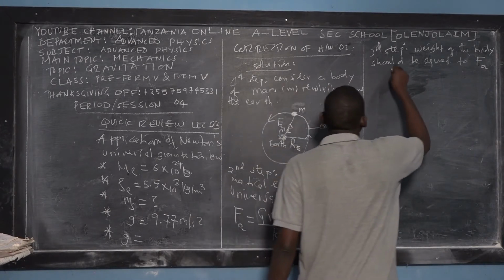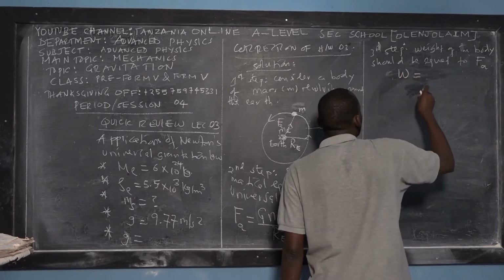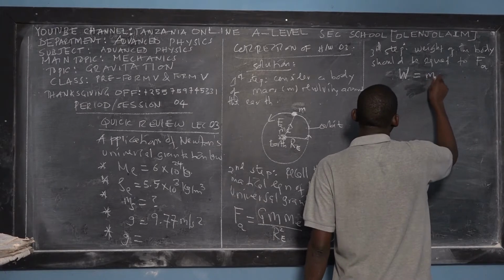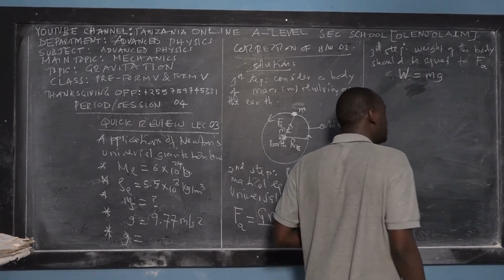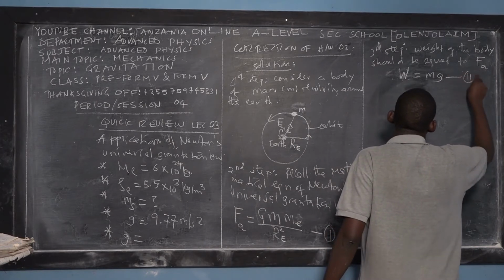So it means that the weight of the body, not angular velocity, the weight of the body is equal to the mass of the body times gravity. Okay, so this is equation 2.